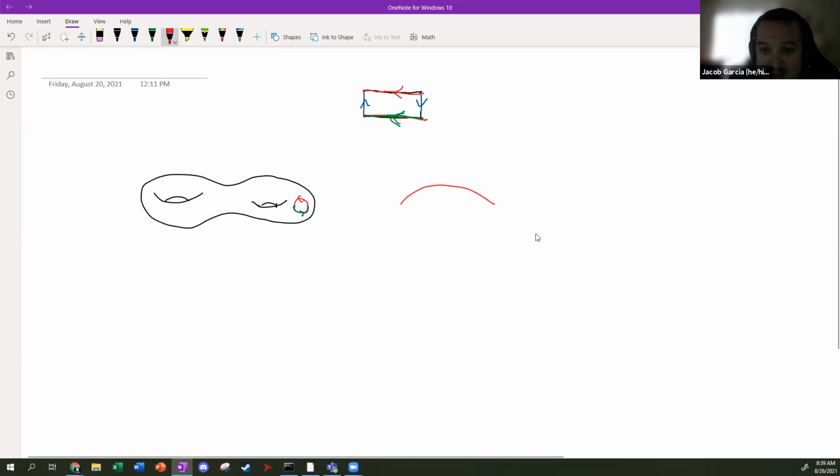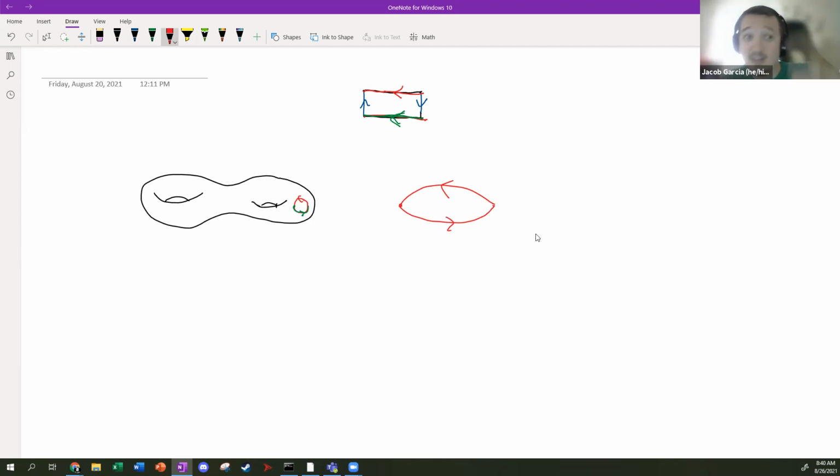If I take the bygone representation for RP2 and I punch out a disk in the center, then this is also a Mobius band. We did this when we calculated the fundamental group of RP2. We took RP2 and punched out a disk, and then used the Seifert-Van Kampen theorem on the disk and the Mobius band in order to get the fundamental group here.